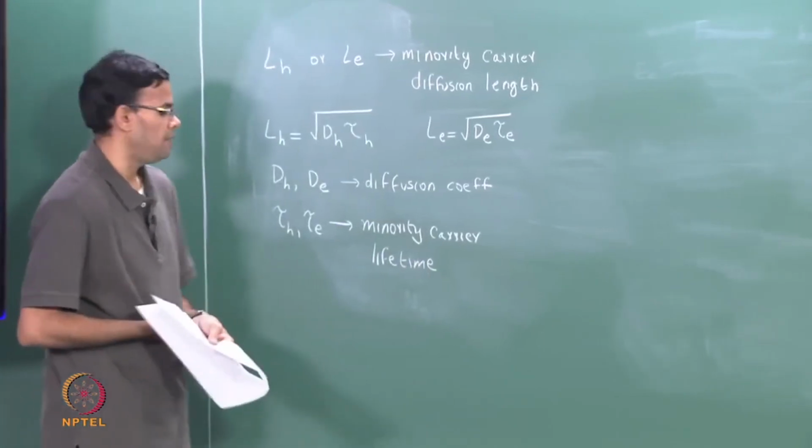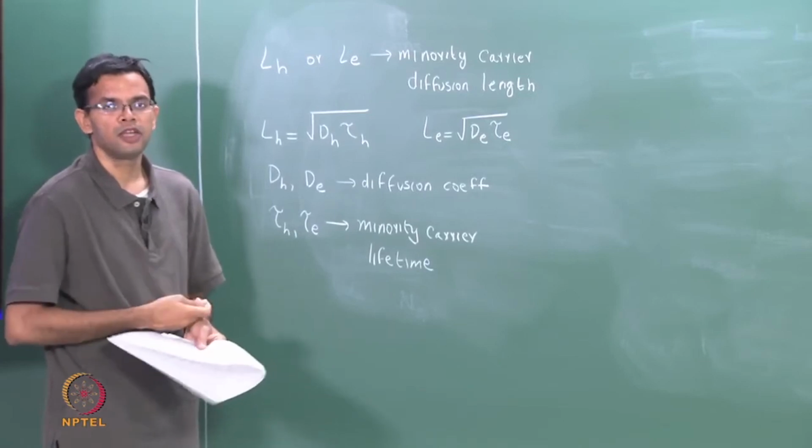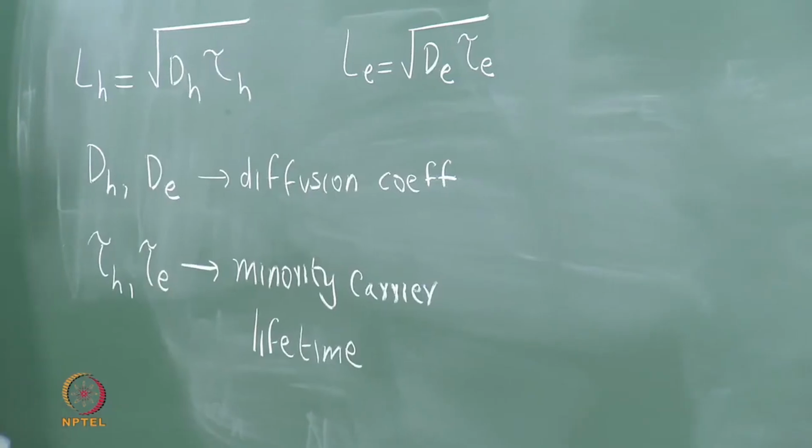These define the time the electrons and holes can travel in the material before they get recombined and destroyed.